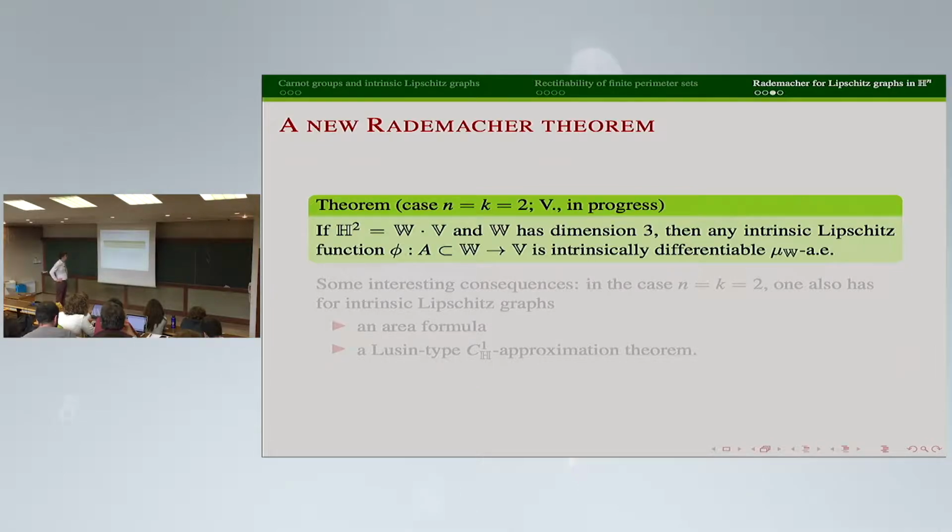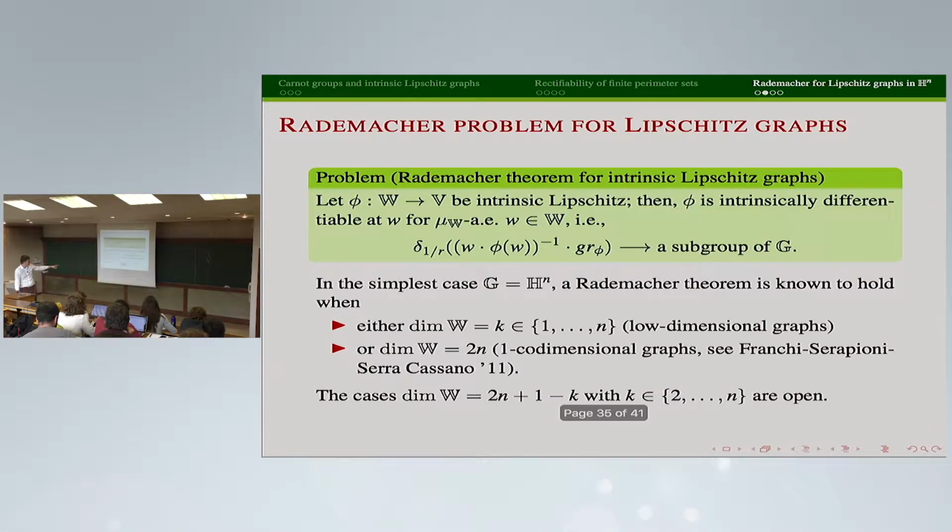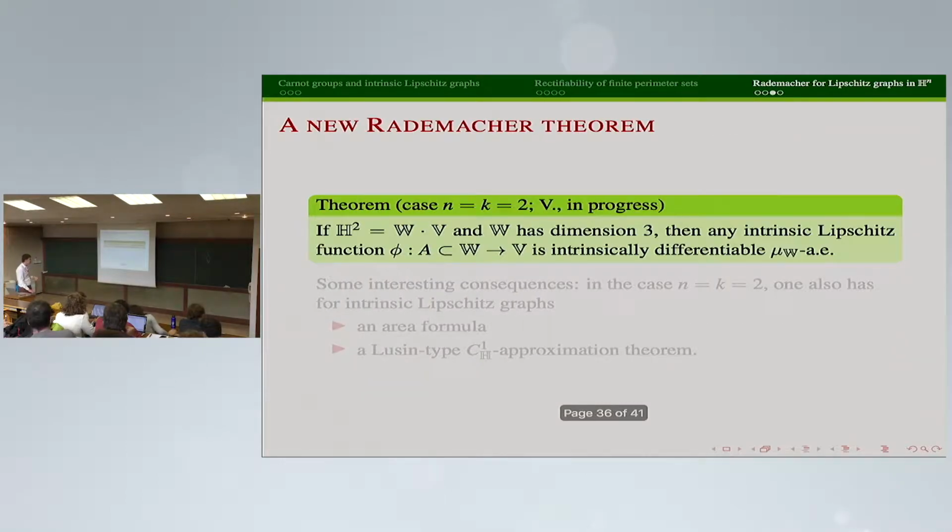Okay, so what I'm able to show actually is this partial result: in the second Heisenberg group, I'm able to prove a Rademacher theorem for graphs of codimension 2. So this is the very first case which is open according to this slide, right? k equal 2 and n equal 2.